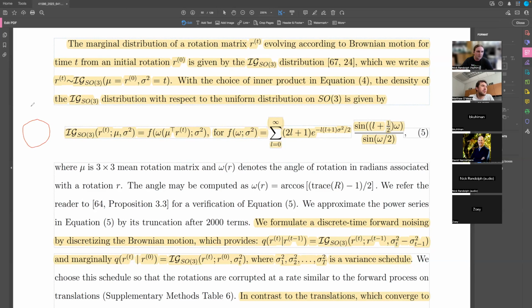We have our ball, our SO3, we have our tangent space at some position here. Once we take a step in the direction that we need to go on this tangent space, we are now no longer on the ball, which is a problem. We need to remain on this manifold, right? If we want it to be a realistic rotation matrix.